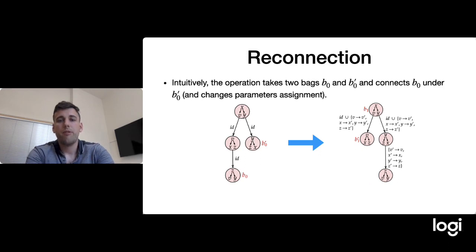The first operation is reconnection, which takes two bags, B0 and B0 prime, and basically connects B0 under B0 prime. Here the bag Z is connected below the bag Y, which results in this decomposition.